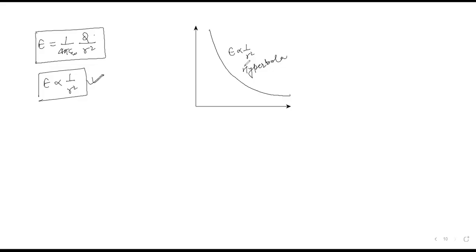Done, sir. All right. Let's consider another example. This example is based on the graph. A charge plus Q is placed at the origin.